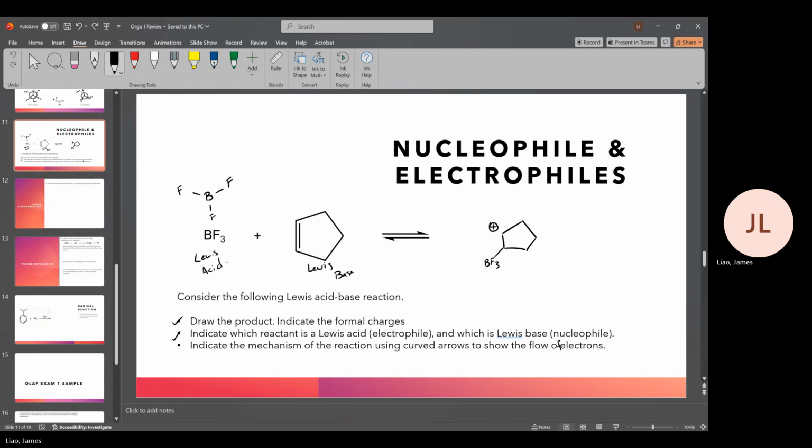But we're going to do this a little bit more precisely. I'm going to take this double bond right here, and it's going to attack the boron right here because that's the one that is electron poor, not the fluorine itself. So that's why you want to indicate, people, make sure you point to which molecule you want, so that indicates what product you're going to make.